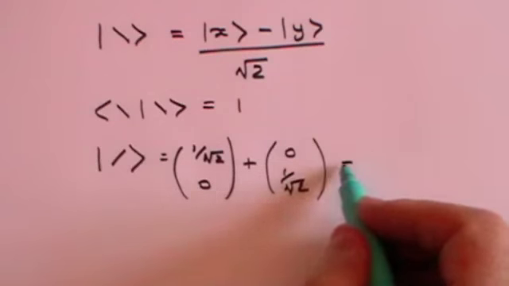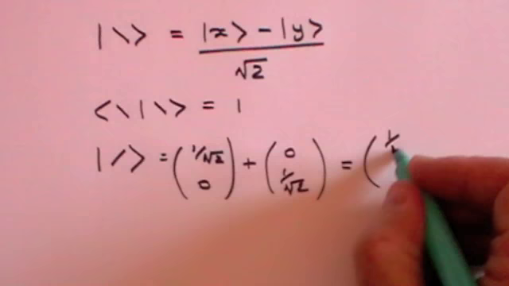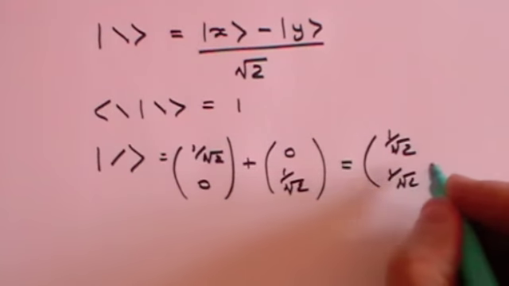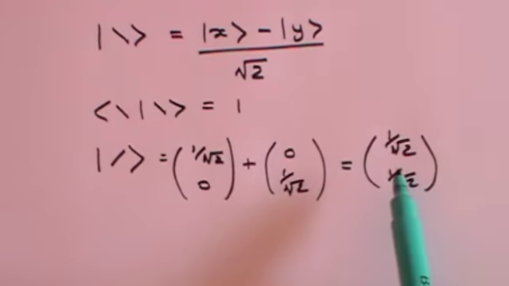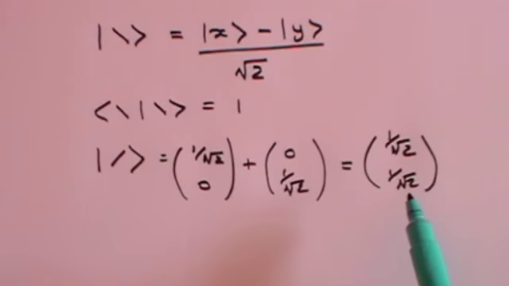Remember, for the addition you just add the two top numbers and you add the two bottom numbers. So that's going to give you 1 over root 2 and 1 over root 2. So the vector representation for a forward slash is 1 over root 2 and 1 over root 2.